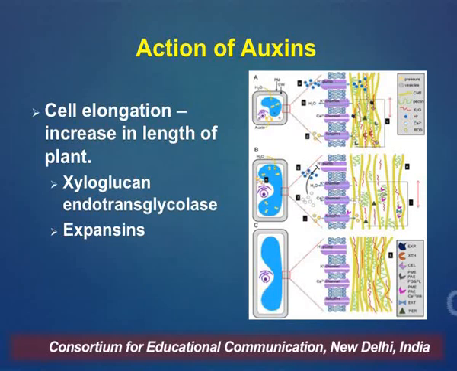The cell wall matrix has an acidic pH of around 5 or 5.5, largely due to the high concentration of proton ions present in the cell wall matrix, whereas the cytosol has a basic pH of 7. Now indole 3-acetic acid occurs in two forms in plant cells, either the protonated form, known as IAAH, or the ionized form, which is IAA negative.